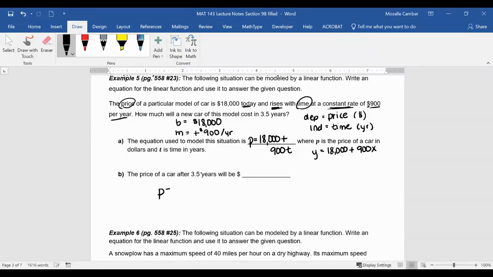They want the price of the car, so we're going to leave P. They give us a value of years, so that is going to be my value of T. So I'm going to put 18,000 plus 900 times 3.5. I can put all that in my calculator, and I would get 21,150. So the price in 3.5 years would be $21,150.